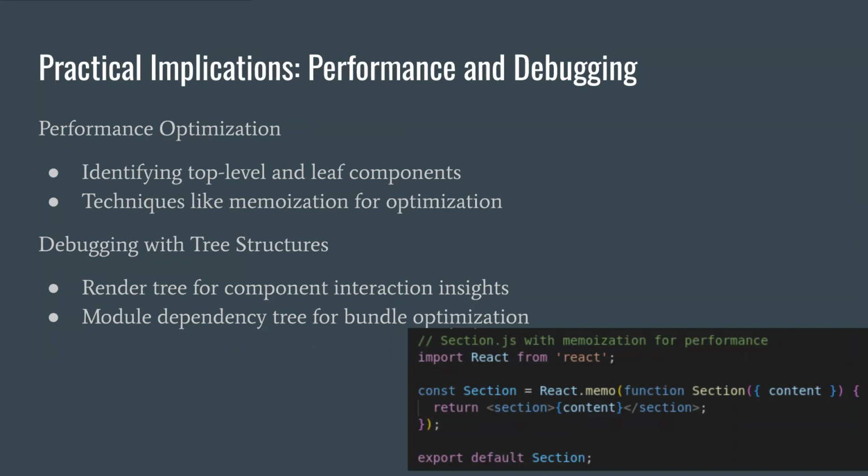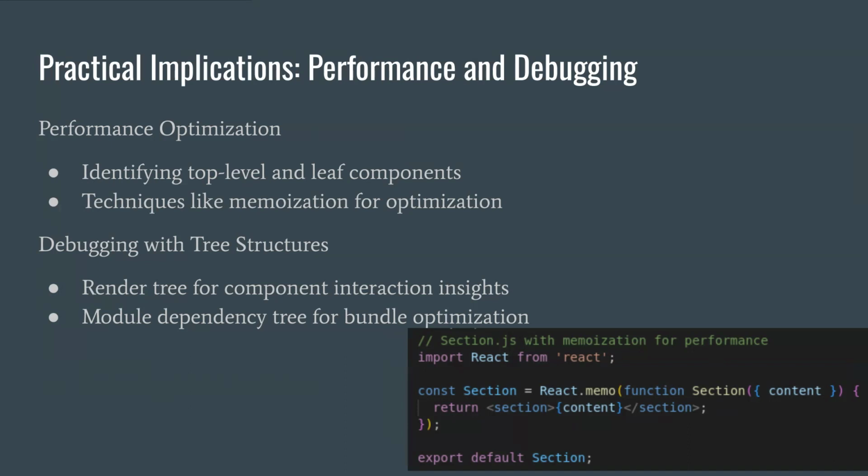Practical implications, performance and debugging. Understanding the render and module dependency trees has practical implications for your app's performance and maintainability. By analyzing the render tree, you can identify top-level components that affect the rendering of child components, helping you pinpoint performance bottlenecks.